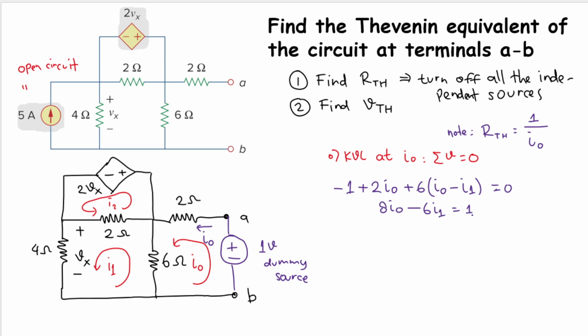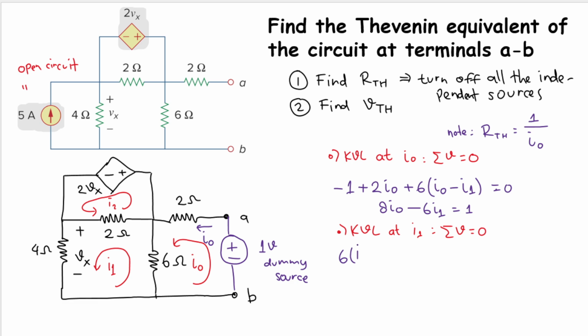Good. Now let's move on to KVL at I1. Again, KVL says that the sum of the voltages in a loop will equal 0. Let's start from this 6 ohm resistance, so I will have 6.